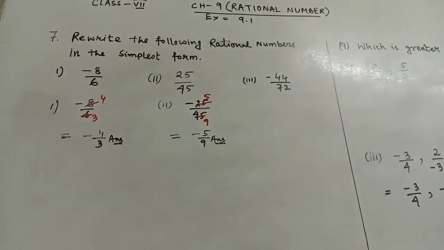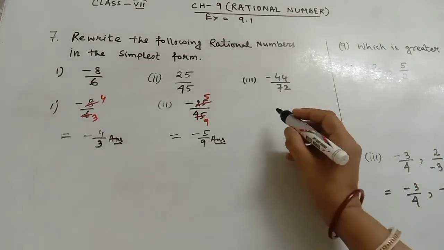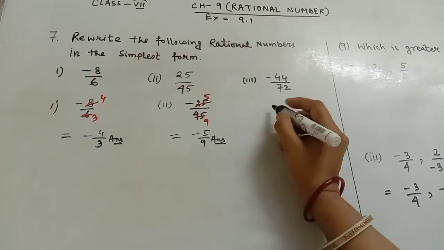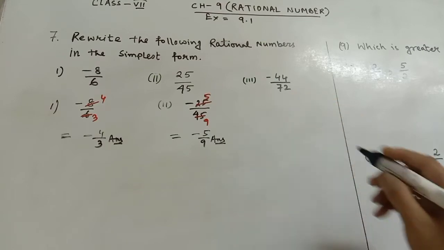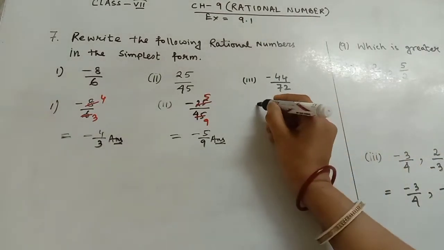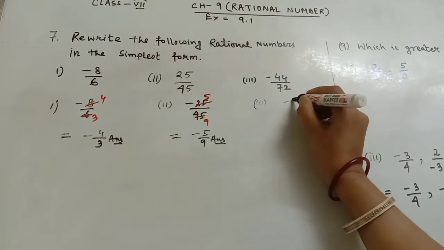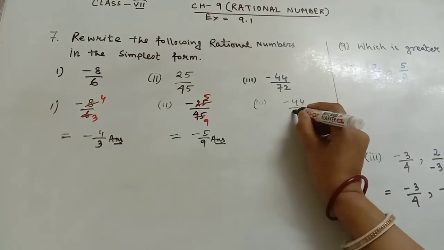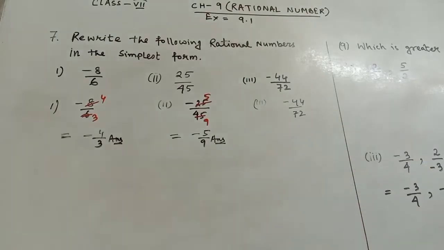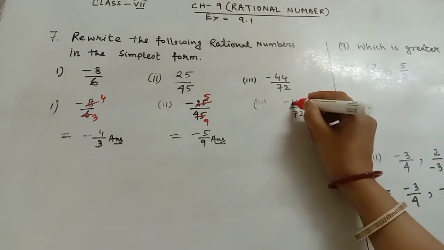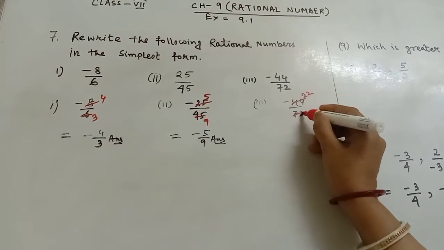Next question is question number 3. It is minus 44 by 72. Both are even numbers, so you can divide it by 2, so 22 by 36.